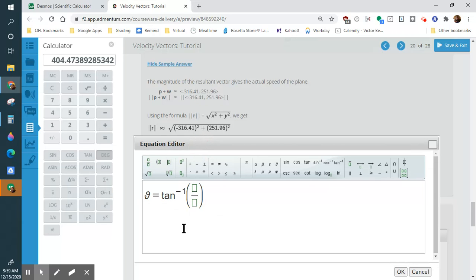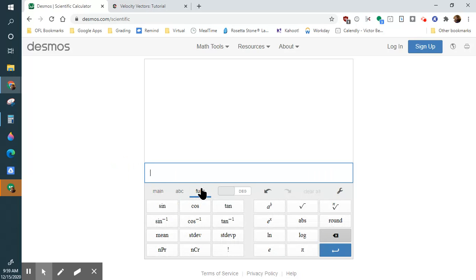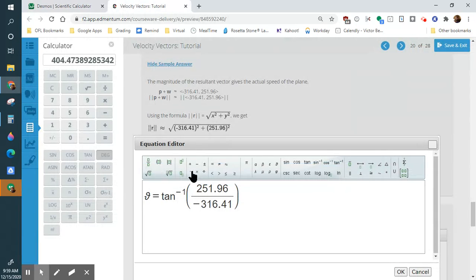Our y value is on top, which is 251.96 over negative 16.41. All right. And now we're going to enter all of this into Desmos. So go here, go to function, inverse function, and we're going to type this in.